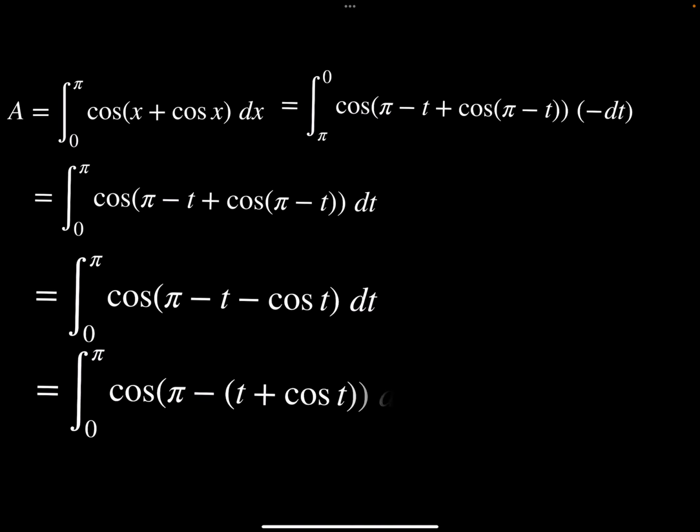So we get that this is equal to the integral from 0 to pi of cosine of pi minus (t plus cosine of t), and then dt. Now we want to use property P1 again. So we get that A is equal to the integral from 0 to pi of negative cosine of (t plus cosine of t) dt.